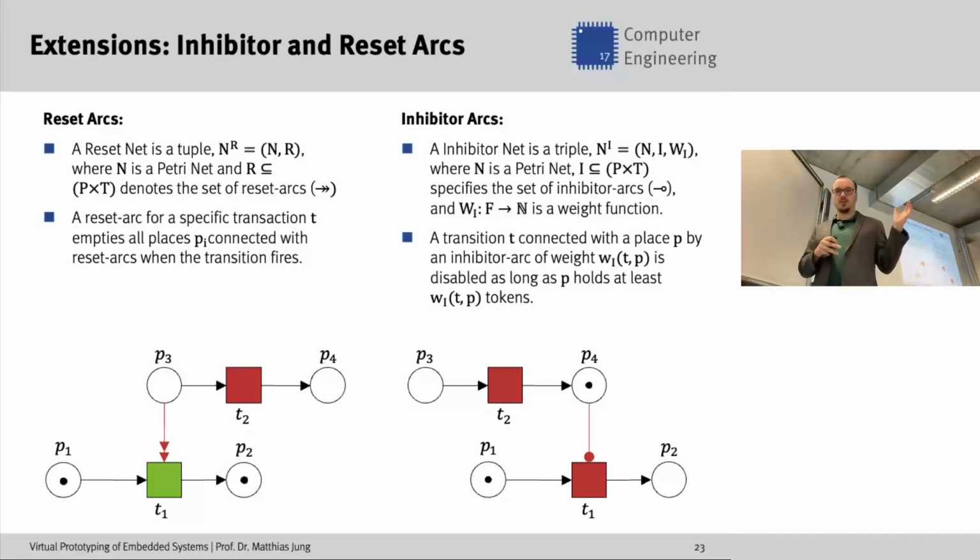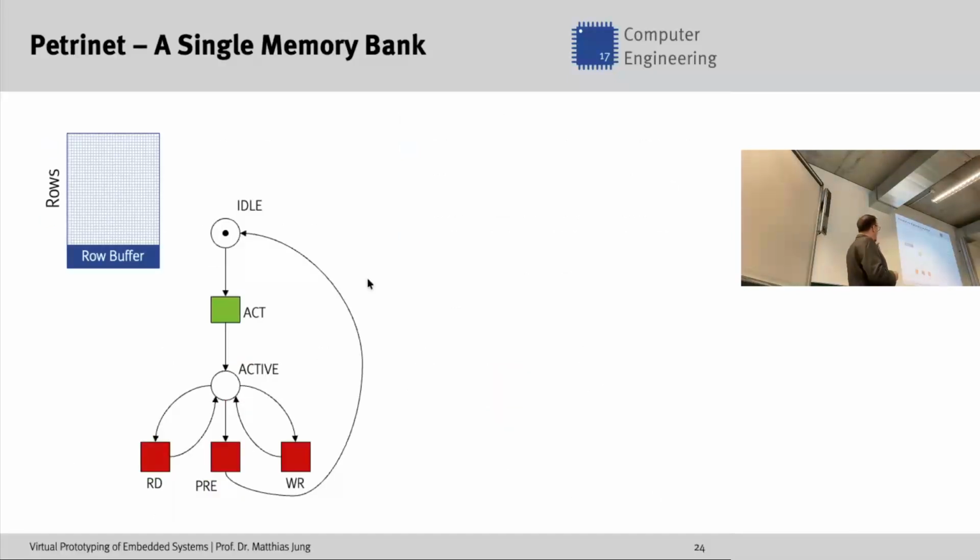And this is also required if we want to model again our memory bank example. So how does the Petri net for this simple one bank case look like? It's just like this. We have a state that is called idle. And we have just one token there. Yeah?